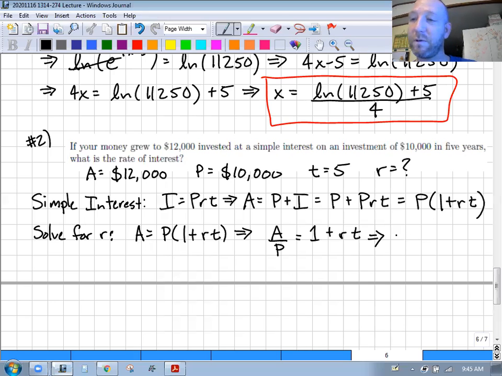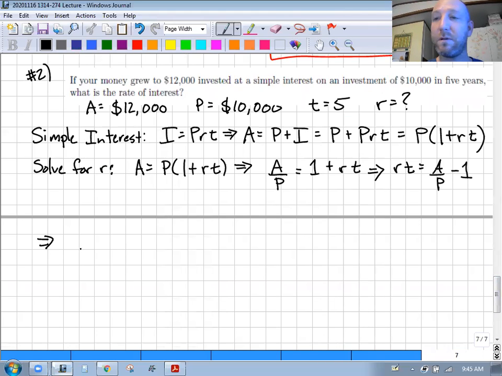So therefore, RT is A over P minus 1. Therefore, R is 1 over T times A over P minus 1. So T here is 5.